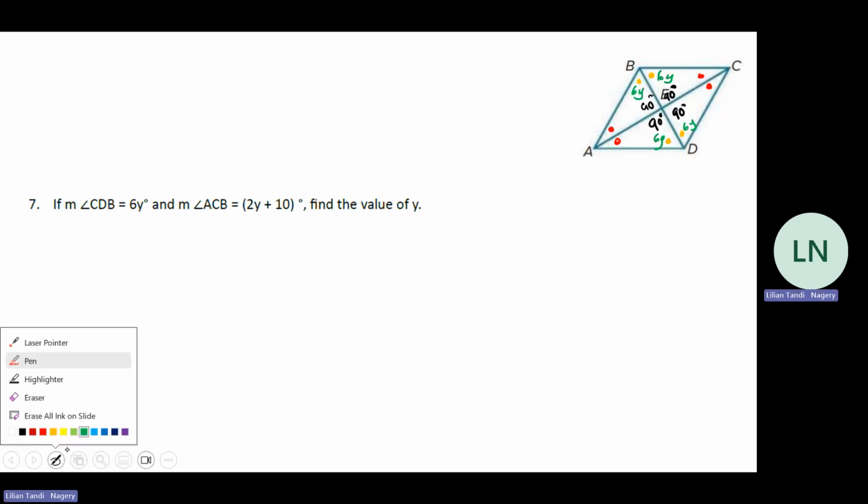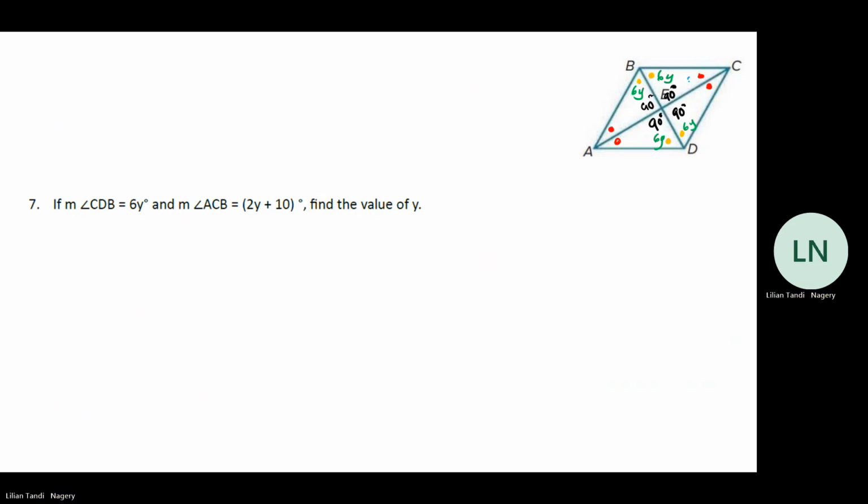Let me get another color. Then 2y plus 10 is ACB. So this is also 2y plus 10. This is 2y plus 10. Okay? Find the value of y.